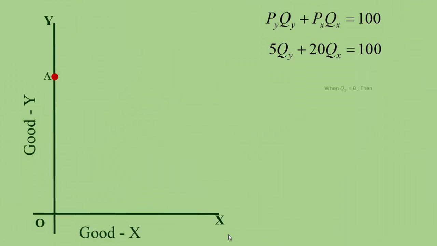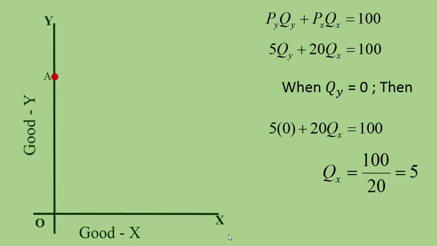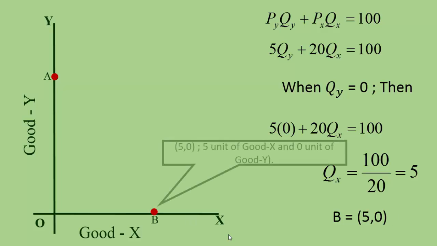Suppose the consumer consumes nothing of good Y and he consumes only good X. Then he will consume 5 units of good X. So 5, 0 is another point on the price line.